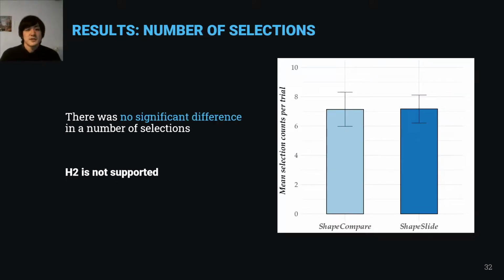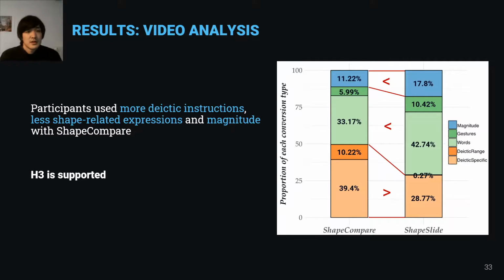In terms of the number of selections, there was no significant difference between the conditions. It does not support the second hypothesis. This result indicates that participants explored more designs in a shorter period of time in ShapeCompare. Results of the video analysis show that participants used more deictic instructions with ShapeCompare than with ShapeSlide.